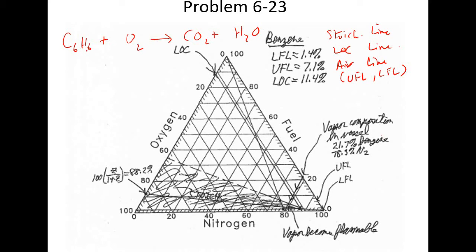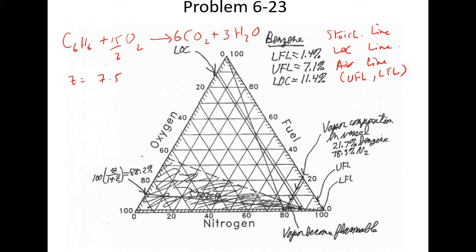We have 6 hydrogens, so I put 3 H2O here. Carbon is 6, so I put 6 CO2 here. The last thing is oxygen: I have 12 plus 3, which is 15. Because I have 15, I divide 15 over 2, so it's 7.5. So my Z is equal to 7.5.